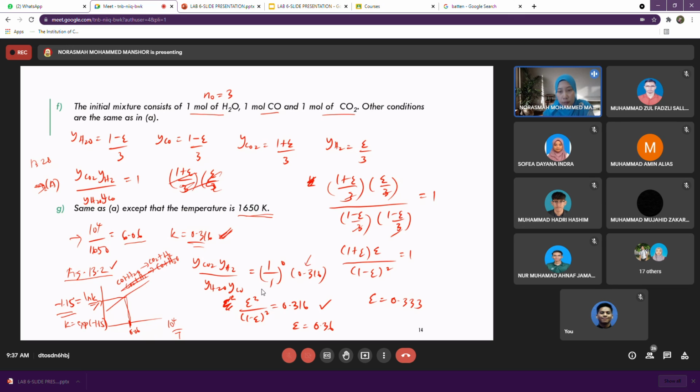Okay, K sekarang berubah lah 0.316. Okay, yang dia punya Y semua ni sama macam part A tadi. Yang ni. Okay, dia tak berubah. So dapat epsilon ni, kira. Okay ke? Okay madam. Jawapannya tadi berapa madam? 0.36. Okay.